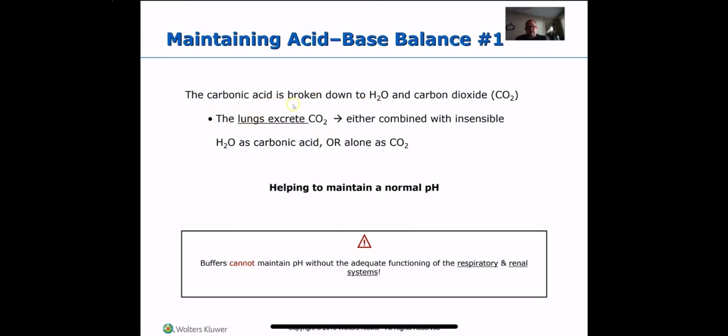And your carbonic acid is then broken down into water and carbon dioxide. Like I said, lungs excrete the CO2, either combined with insensible water or excreted as CO2. So as your lungs do this, it helps maintain the amount of CO2 needed to keep your acids where they need to be.